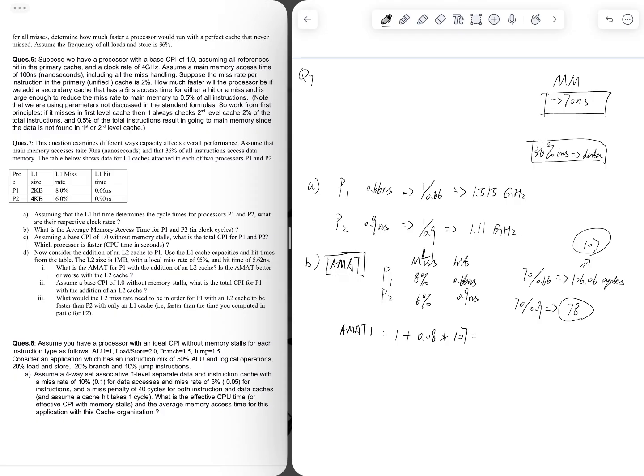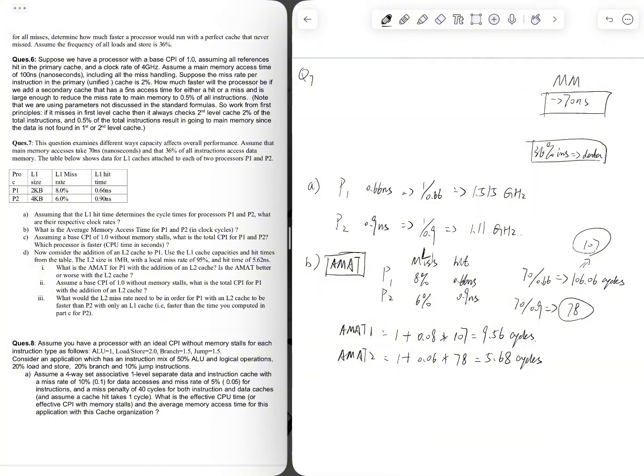Here it will give us 9.56 cycles. And AMAT 2 will do nearly the same thing, with 6% and the miss penalty of 78. Here it will give us 5.68 cycles.